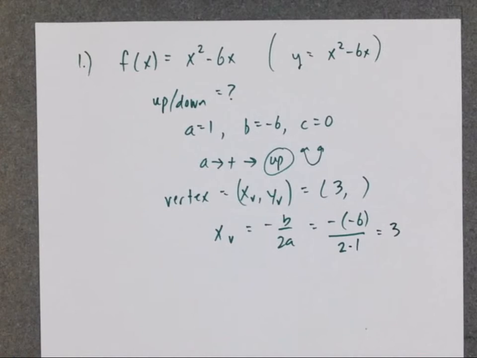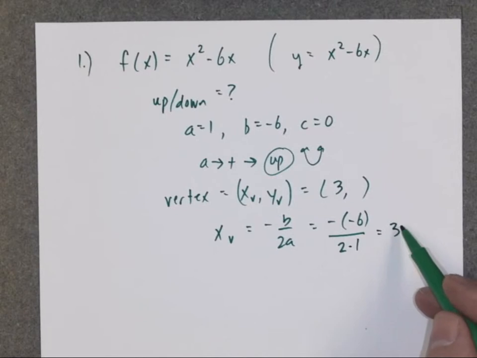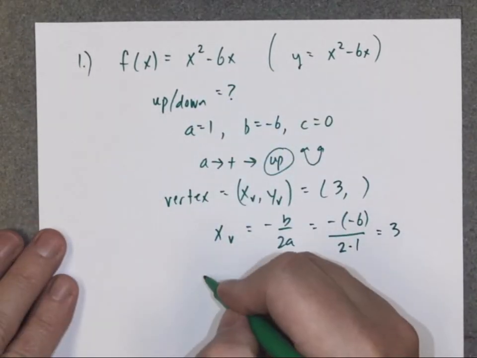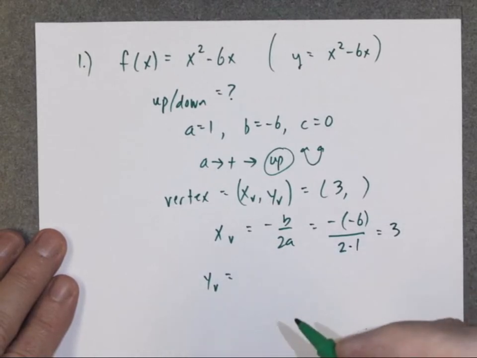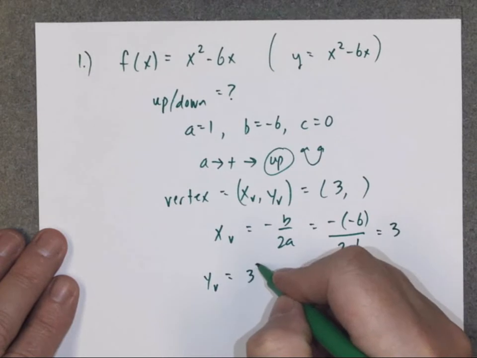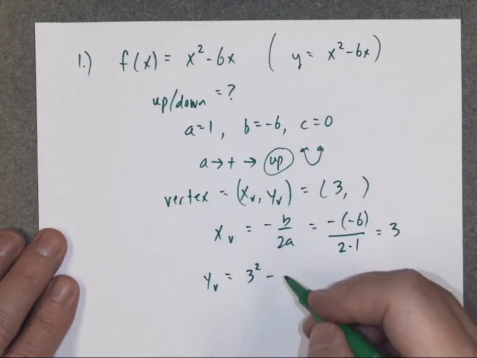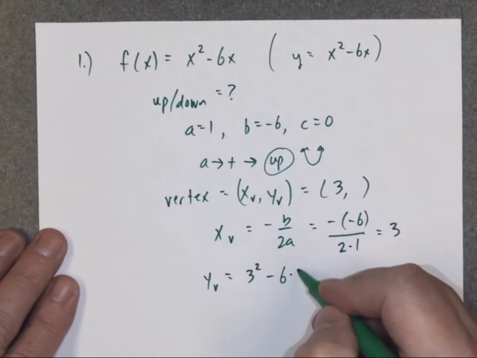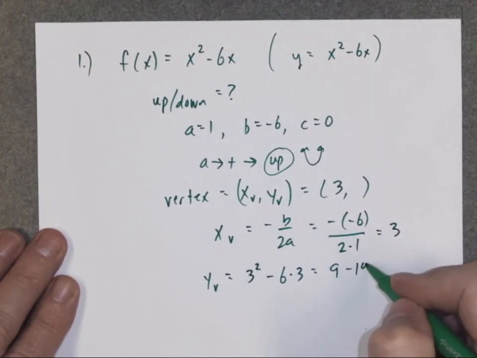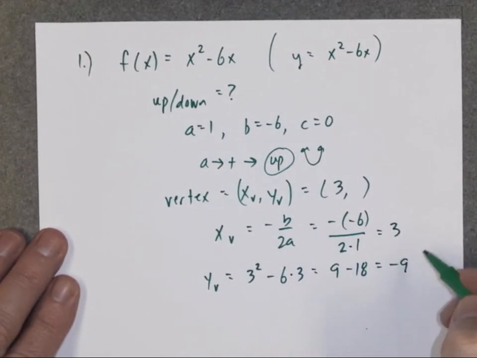Now how do we find the y of the vertex? Remember, I just take this 3 and I plug 3 in for x in my original equation. So y of the vertex is going to be x squared, so it's 3 squared minus 6 times x, 6 times 3. 9 minus 18.